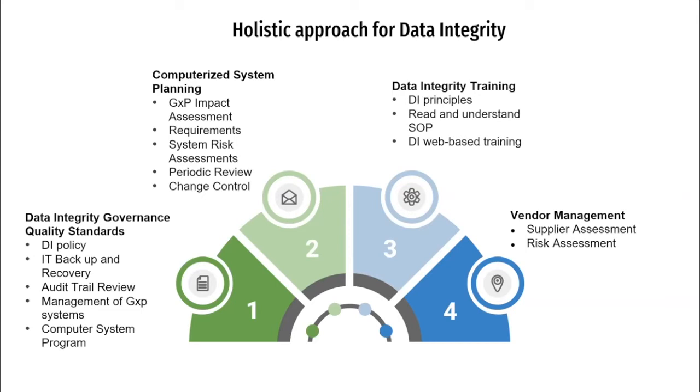If the same problems are happening with the system at 2 different sites, you're able to leverage information and see the history of the system as well. Especially when it comes to computerized system planning, the requirements can be tested correctly, test scripts can be developed using the same requirements, and configuration is correctly captured in a system admin SOP.